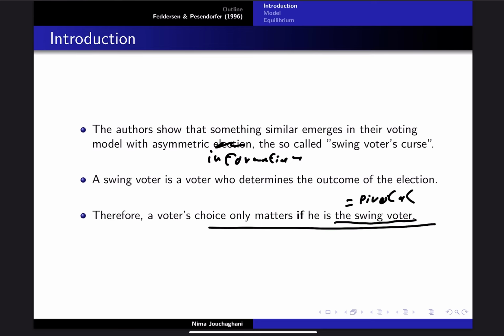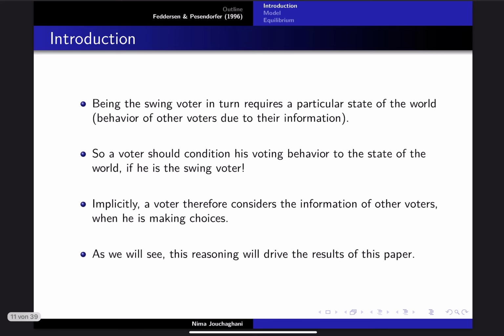So let's say that a voter's choice only matters if he is pivotal, and being pivotal requires a particular state of the world. So it requires a particular behavior of the other voters due to the information that they have.